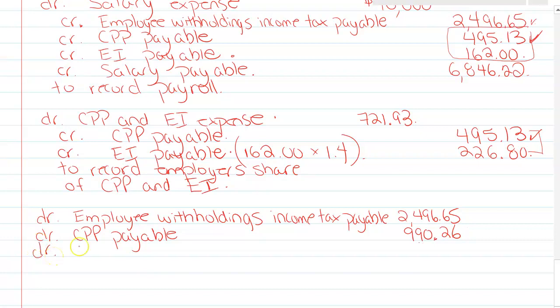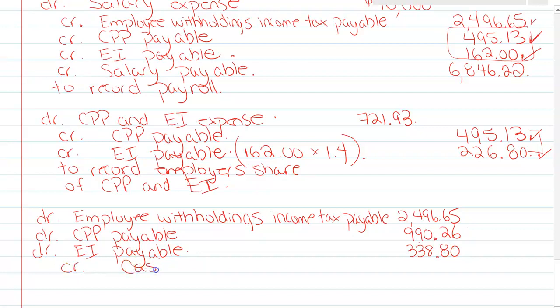And then I'm going to debit my EI payable. So again, it was the 162 and the 226.8. So that means if I debit that account by $338.8, that will bring that account down to zero.